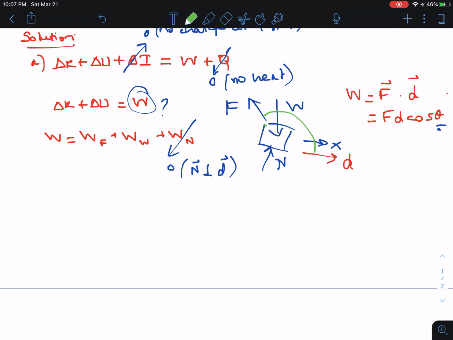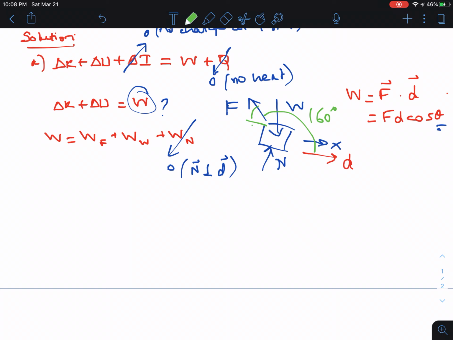And we already know that this portion was 20 degrees and that line is an extended line from D, so the rest is going to be 180 minus that angle, and that becomes 160 degrees, right? So that's the angle we will be using for the work done by F.